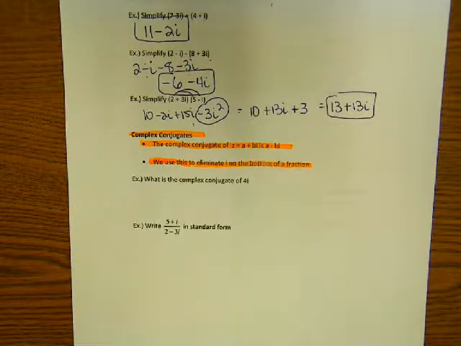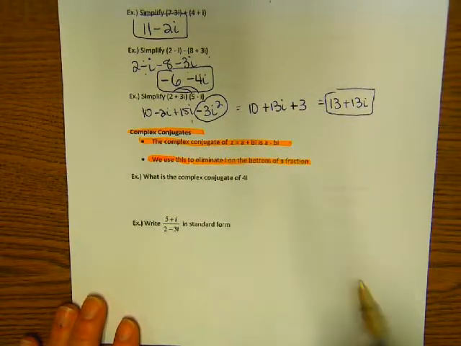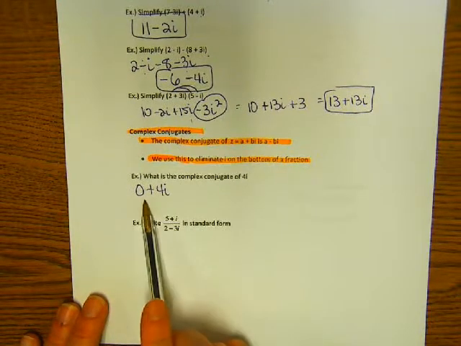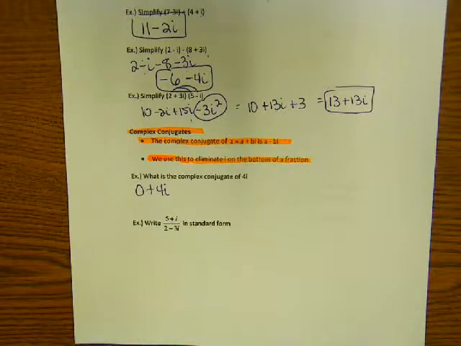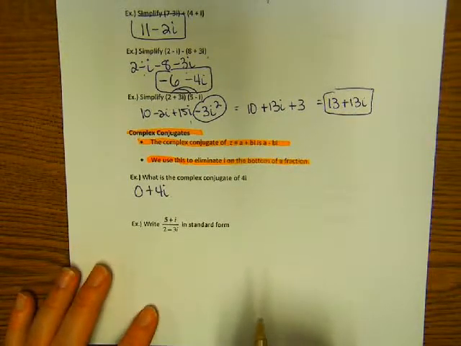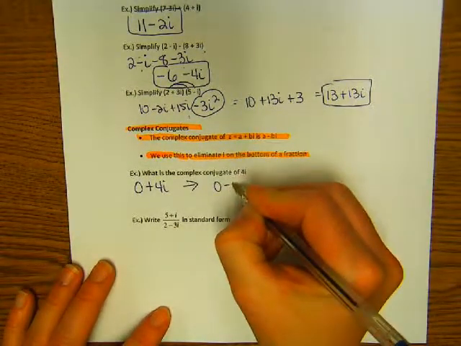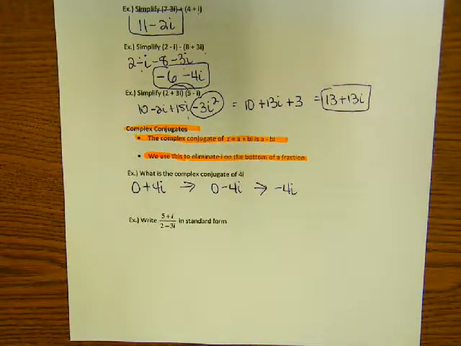I'm going to show you first for this one: 4i is the same as 0 plus 4i, because it doesn't have a real part, it has an imaginary part. So what would the complex conjugate of that be, do you think? 0 minus 4i, which is the same thing as just negative 4i. Alright, so the complex conjugate of 4i is negative 4i.